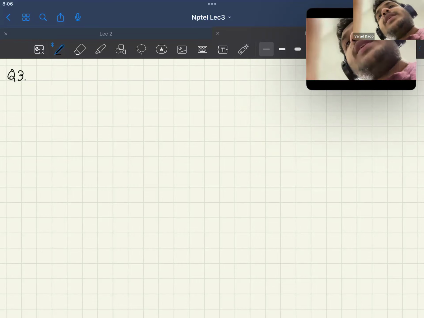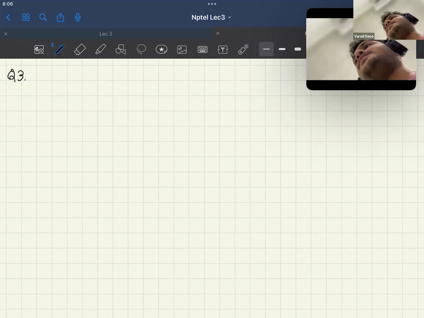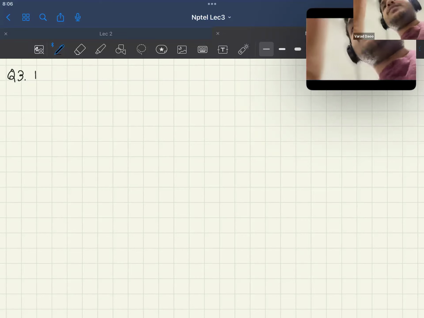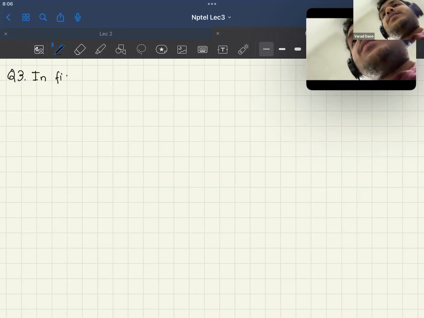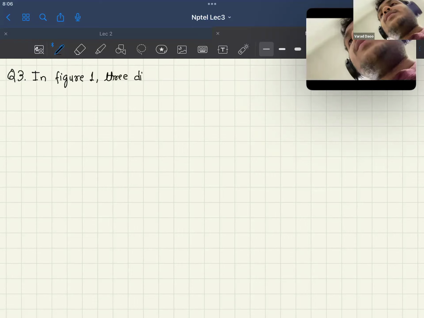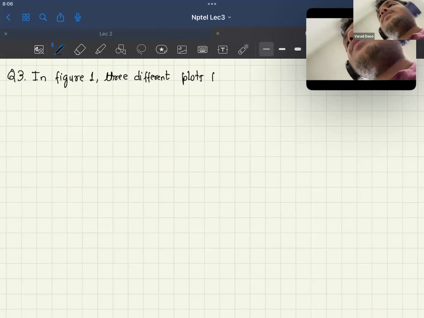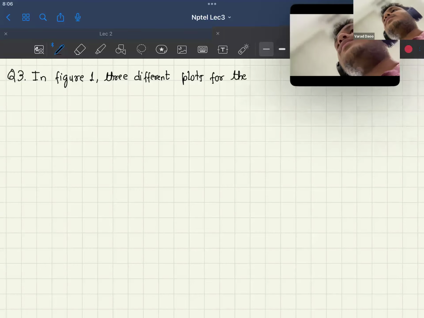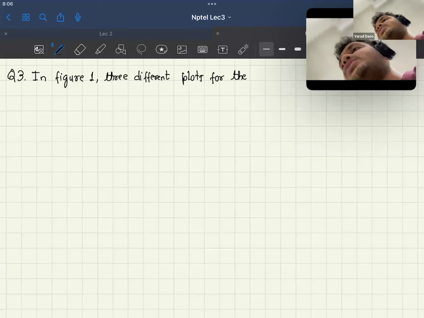So let me write down the question. In figure one, three different plots for. So I'll write the question and then I'll explain. Okay.